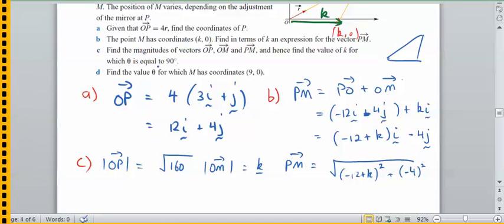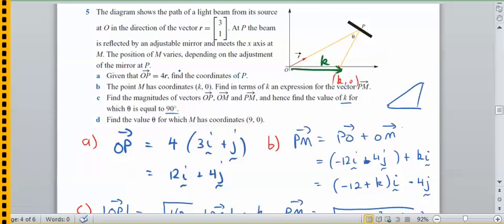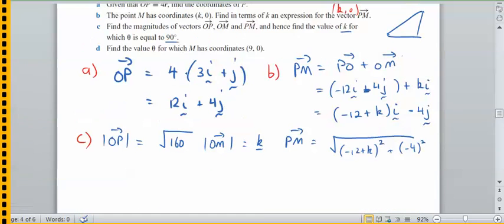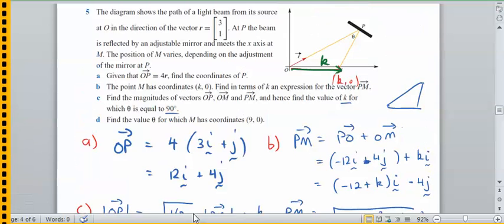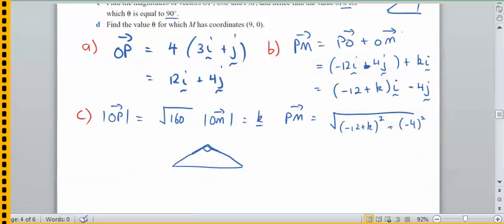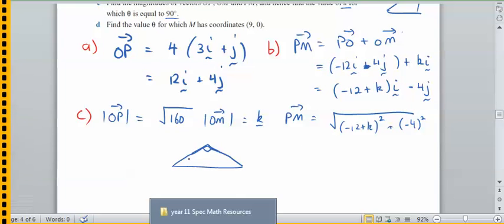Now it says, hence find the value of k for which theta is equal to 90 degrees. If this angle is 90 degrees, then this is a right-angled triangle. What's this distance here? OM.